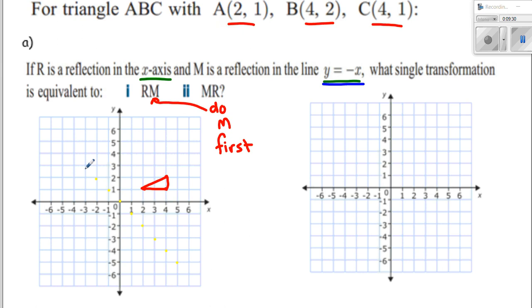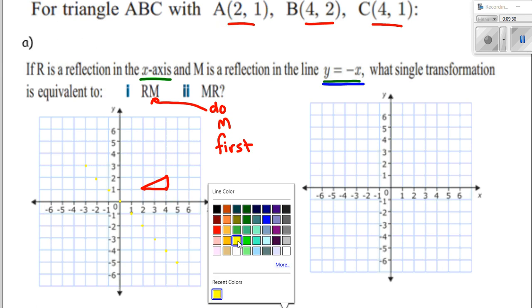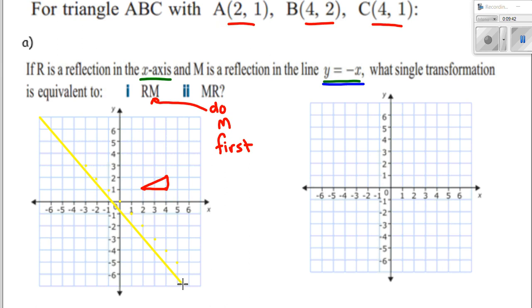I'll use my little line tool, and you can use a ruler to make your nice line cutting through there.